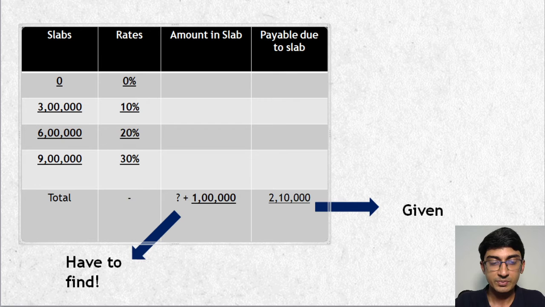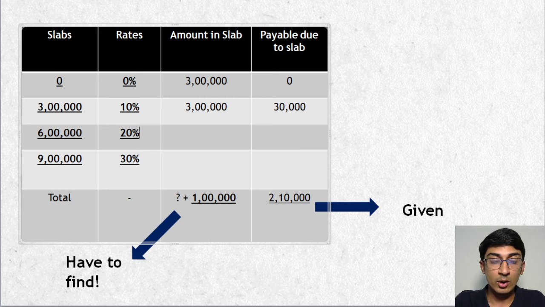Well, I know here the first 3 lakh I have to pay zero tax. So obviously I have to earn at least 3 lakhs, and till the first 3 lakhs I pay zero tax. So I'm at least earning 3 lakhs for sure. The maximum this next slab can offer is 3 lakhs, which means the max tax I can pay in this slab is 10% of 3 lakhs, which is 30,000.